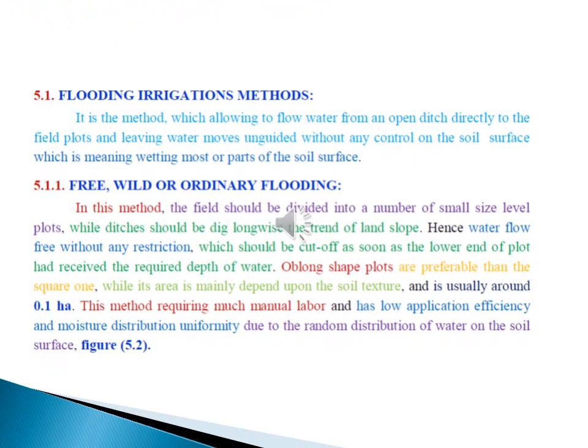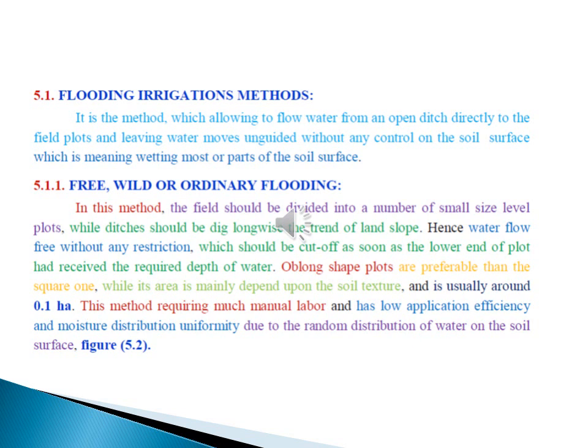Flooding irrigation is the method which allows water to flow from an open ditch directly to the field plot, leaving the water to move without any control on the soil surface. It can be applied as free flooding or under control. Free flooding allows water to flow freely without any restriction.